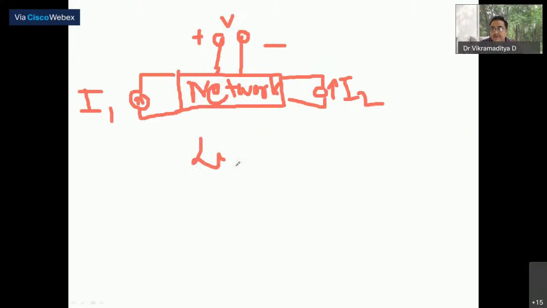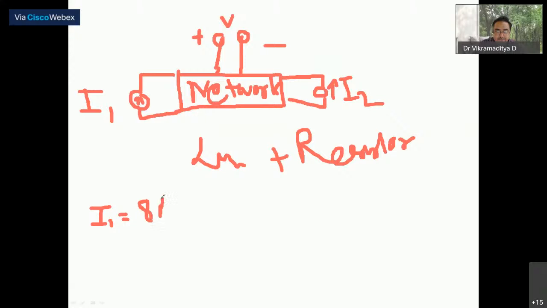So one is linear, plus resistor. Two things are associated with this, linear plus resistor. And another thing, I1 is given as 8 ampere, I2 is 12 ampere, and V is found to be 80 volt.